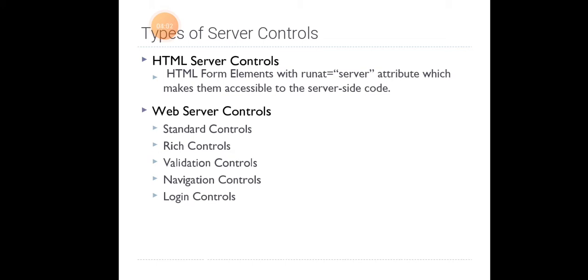Next, validation controls. Validation controls are used for validating the input given by the user through the user interface. How is it validating? It may be validating the validity of an email by checking the format. It must consist of an @ symbol, a domain and some subdomain.